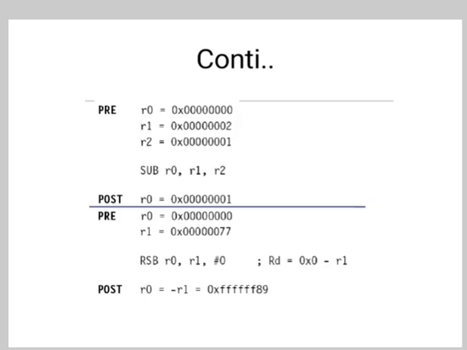Next is R0, R1 is given, and RSB, that is, reverse subtract, we have to apply. And data 0 is given.